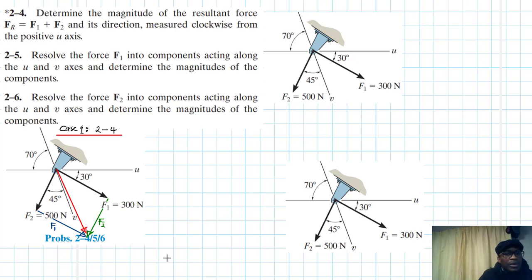So let's call that one our resultant, FR. Once we've drawn this, we realize that we have two triangles that are similar, this one and this one. It's up to you to pick which one. I'll pick this one myself.